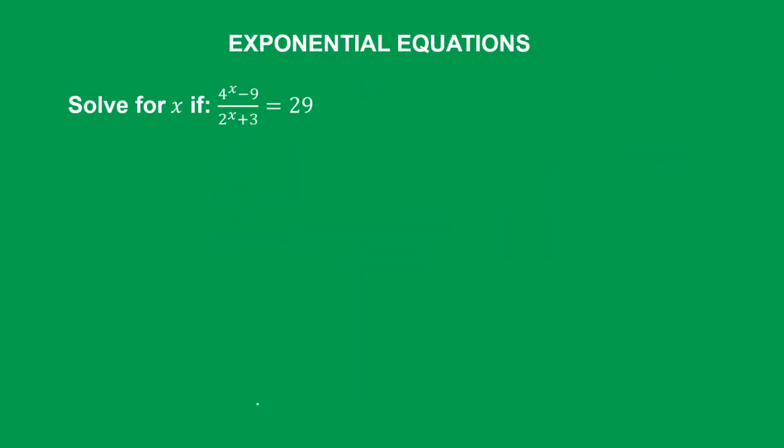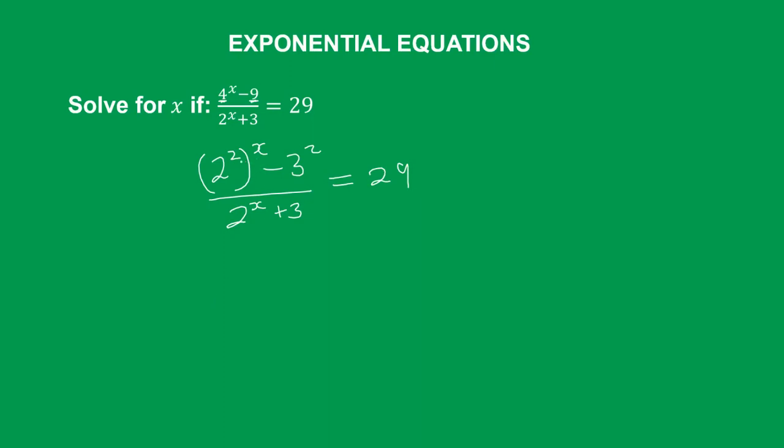Let's do the last one. All right, let's write our bases as products of their prime factors. And then 4 is 2 to the power 2. 9 is 3 squared. So we say 2 to the power 2 to the power x minus 3 to the power 2 over 3 to the power x plus 3 is equal to 29.